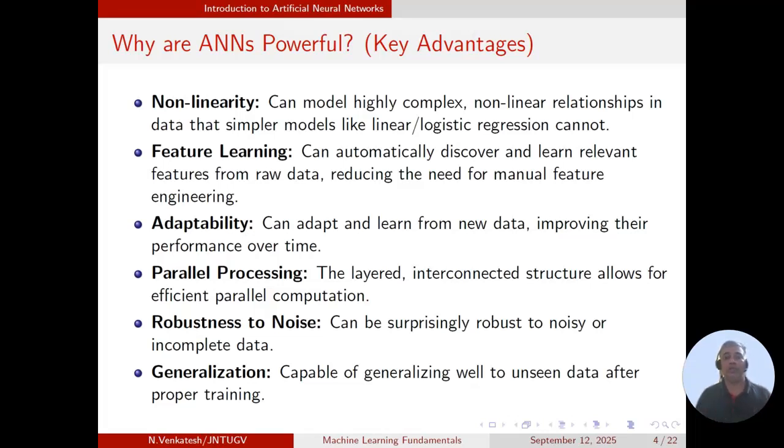Even if you have incomplete or noisy data, neural networks work well. And one of the goals of machine learning systems was to know how well it generalizes, how well it works on unseen data. And surprisingly, neural networks are capable of generalizing well.